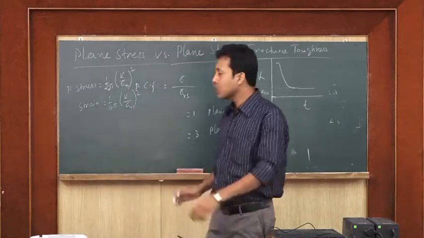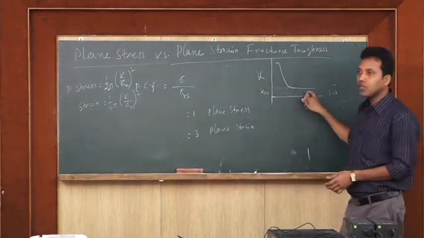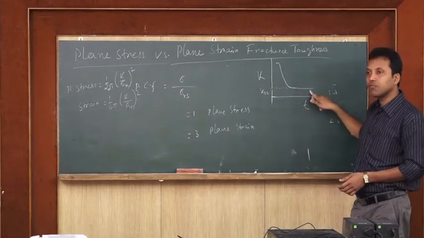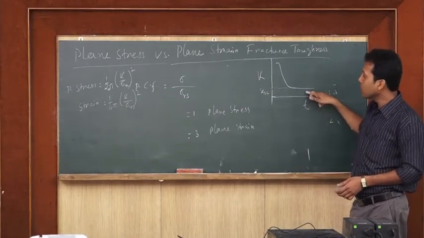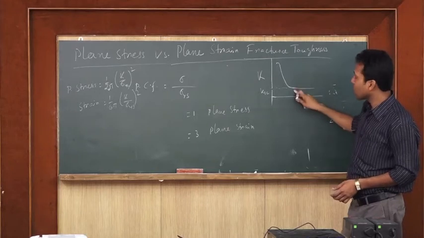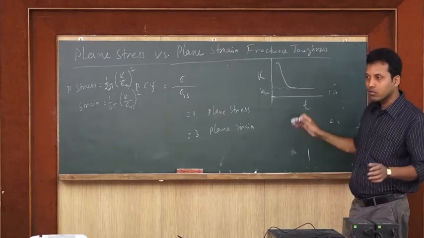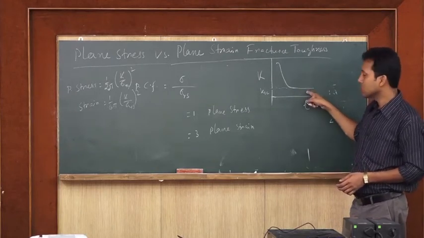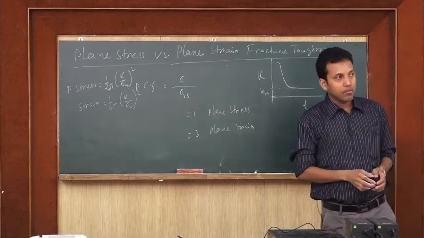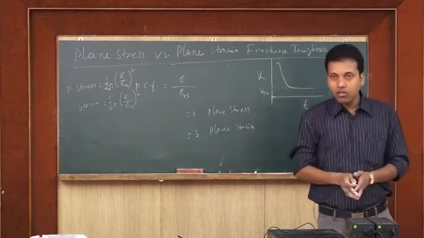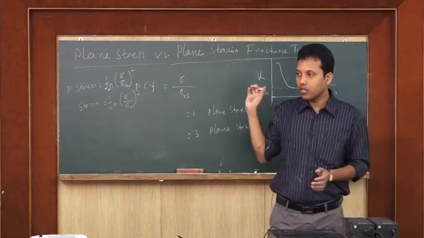Even if the thickness increases or something happens, this is one safe limit for toughness, below which the toughness of the material does not fall, because if we increase the thickness, the toughness is constant here.